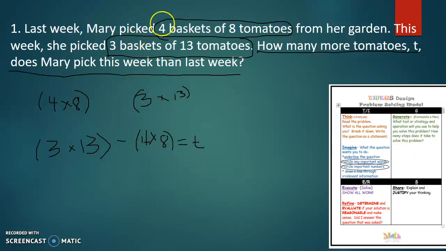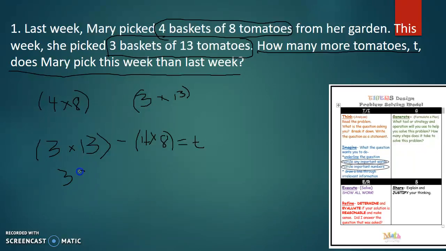Because in my problem, I have 4 baskets of 8 tomatoes and then 3 baskets of 13 tomatoes. So T is my missing variable. To figure out my answer, I need to multiply both numbers and then subtract to figure out my quantities. So I know 3 times 13 is 39.